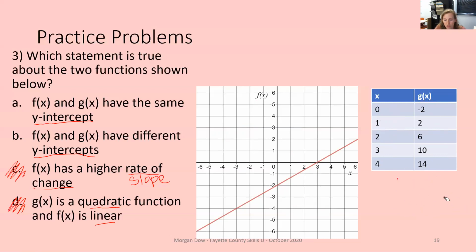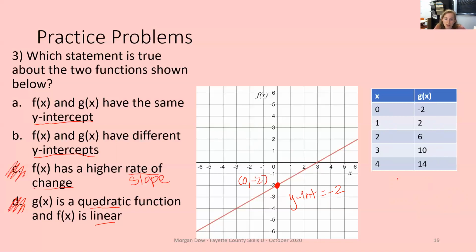What is the y-intercept of the graph? Well, it's crossing the y-axis at -2. So the y-intercept is -2. Think about what this point is. This point is 0 on the x-axis and -2 on the y-axis. So it's the point (0, -2).